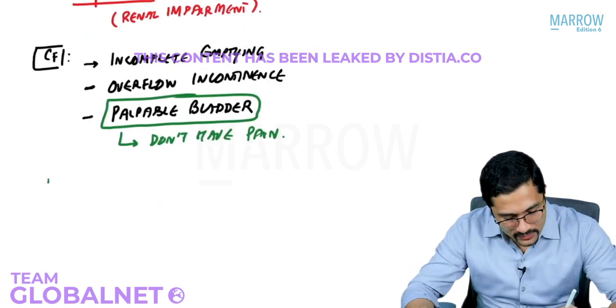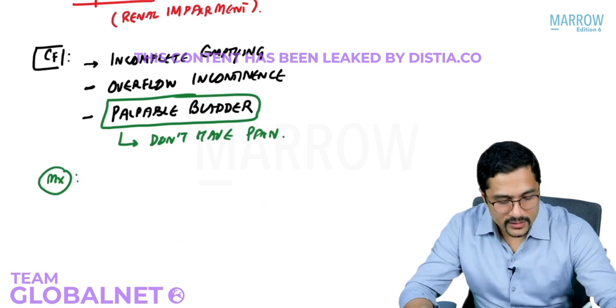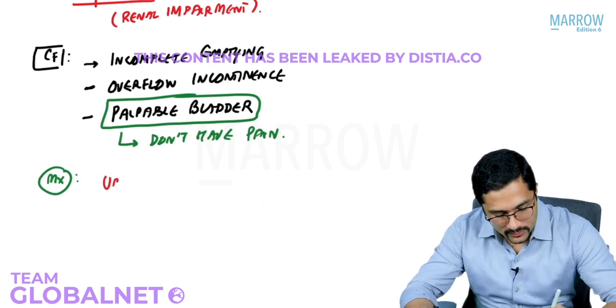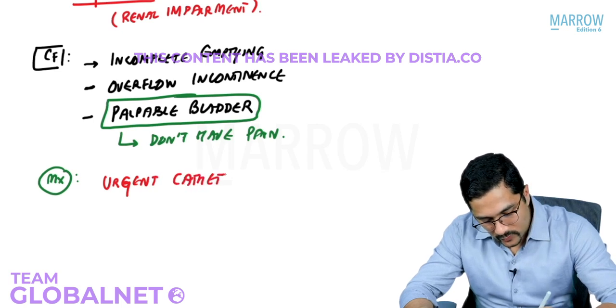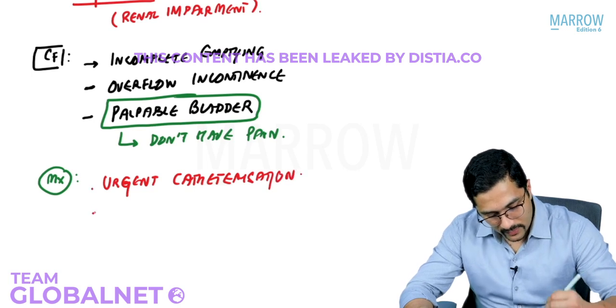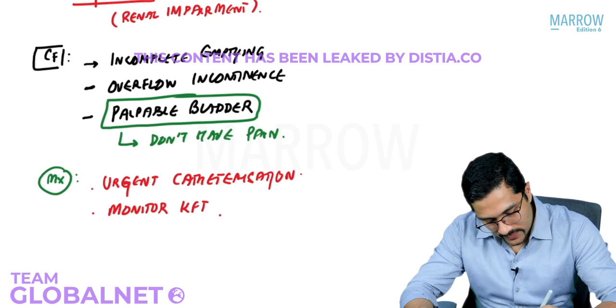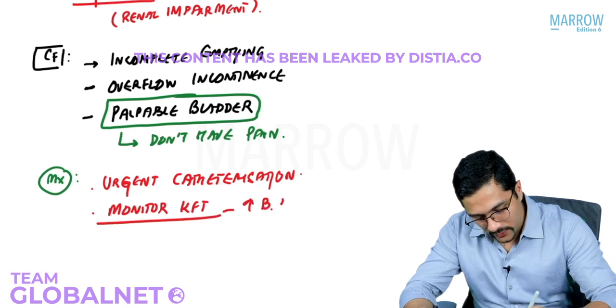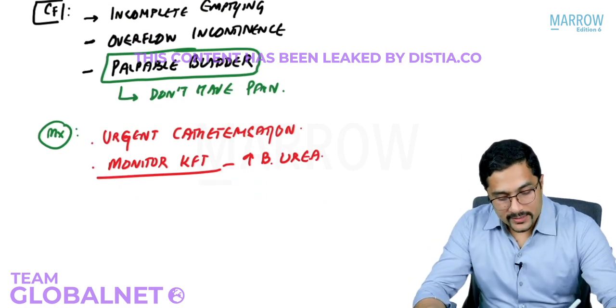Now, what is the management of these patients? You have to do urgent catheterization. You should monitor the kidney function tests because these patients can have increased blood urea. Urgent catheterization should be done.